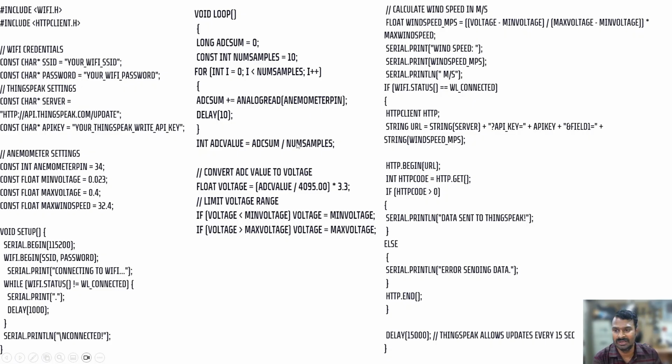We connected the sensor and took the data, and the data is sampled 10 times. This number can be changed according to your requirement, and then an average is taken, then the value is calculated. After that we converted that value into wind speed in meters per second. Then we uploaded the data to ThingSpeak and also printed it in the serial monitor.